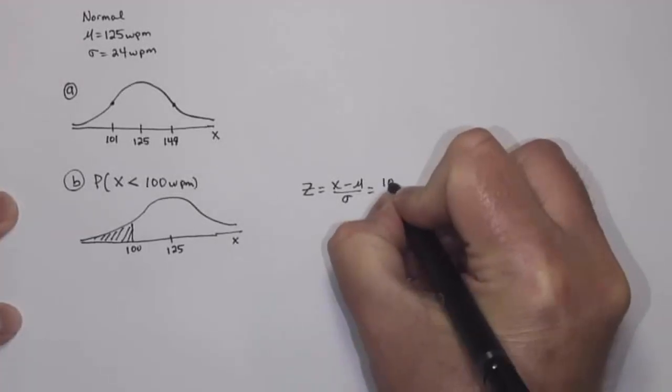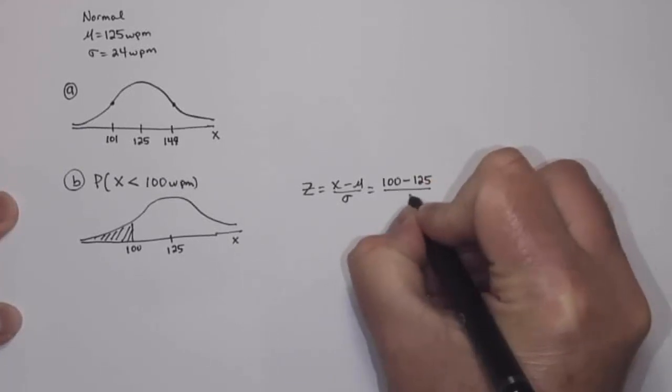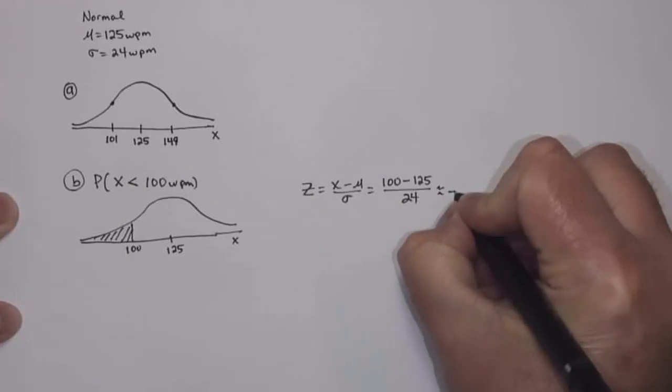So in this case, that is 100 minus 125, the mean, divided by 24.